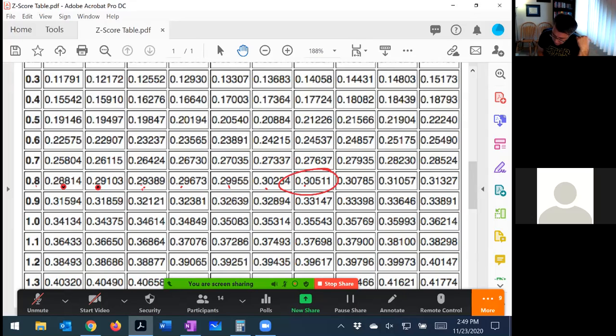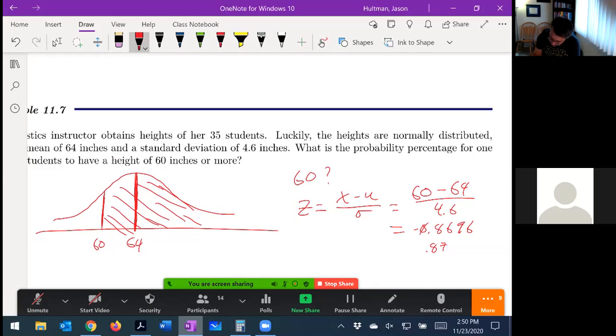Is that right? 0.87. Nope, that's wrong. I miscounted. This is 0, 1, 2, 3, 4, 5, 6, and 7 is this guy here, 0.30785. Okay, so that's 0.30785.